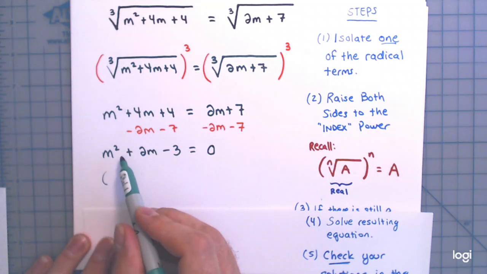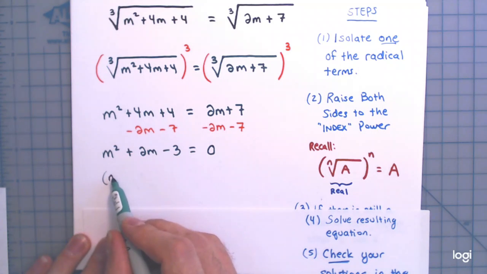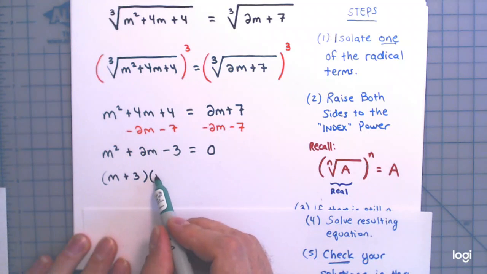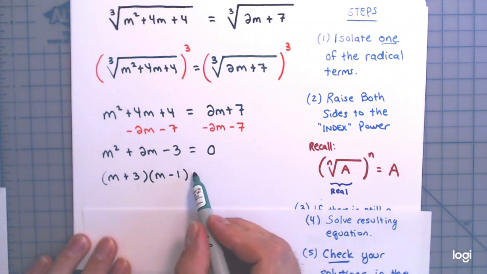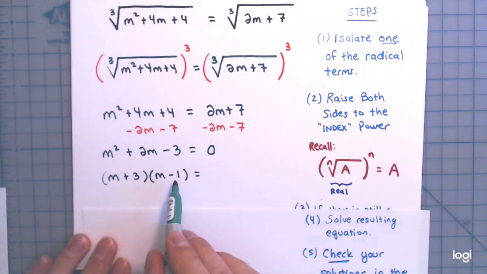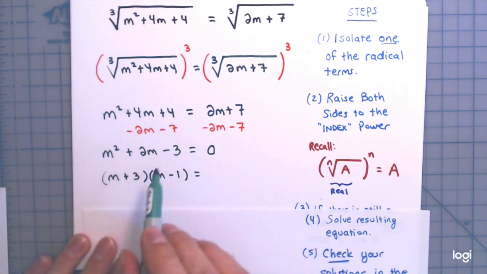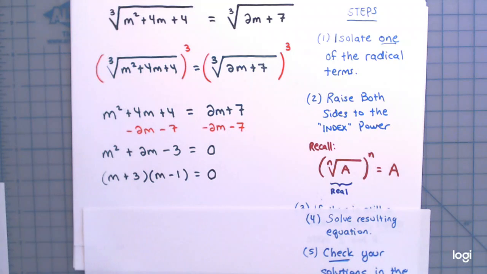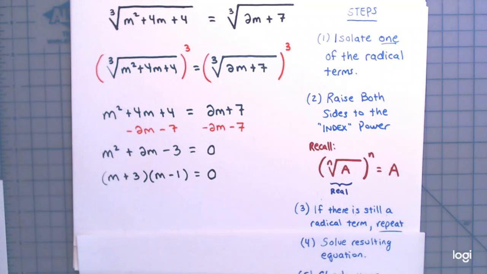So m squared plus 2m minus 3 would factor to m plus 3 multiplied by m minus 1. You can double check by multiplying these two, FOIL, and you'd get m squared plus 2m minus 3 back. And then I have what I'd like when solving a quadratic equation by factoring: a product equal to 0.